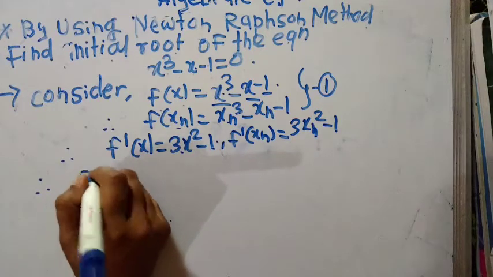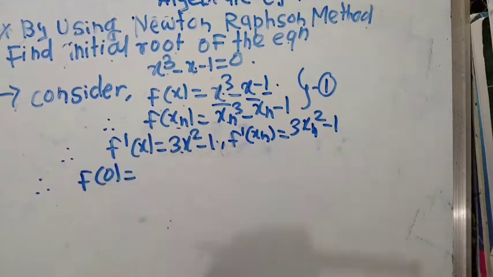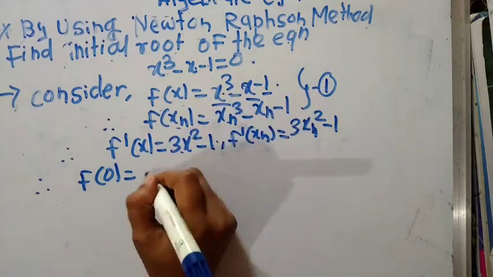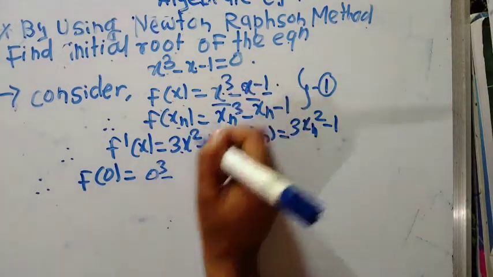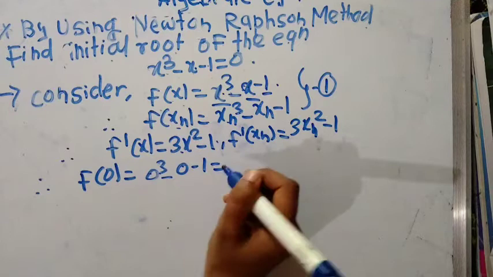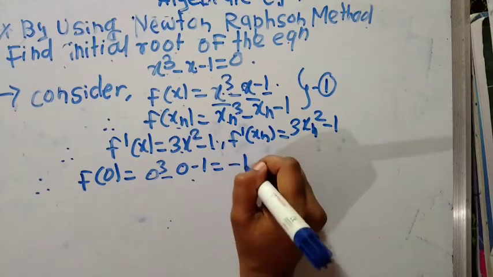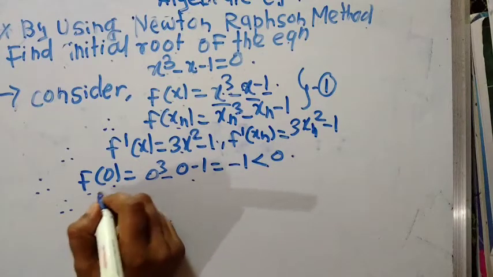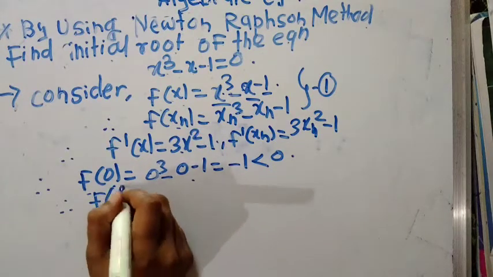Then find out f of 0. Put 0: 0 cube minus 0 minus 1. So it is equal to minus 1, less than 0. Then find out f of 1.